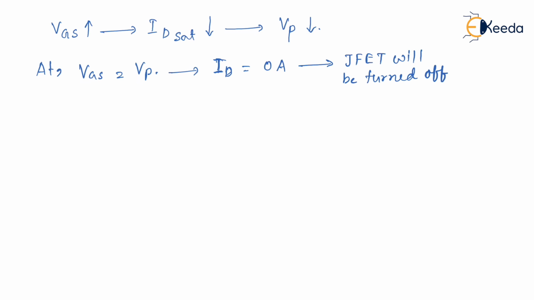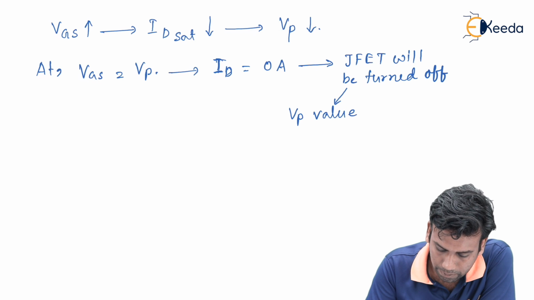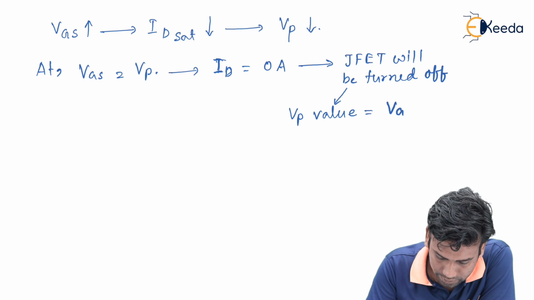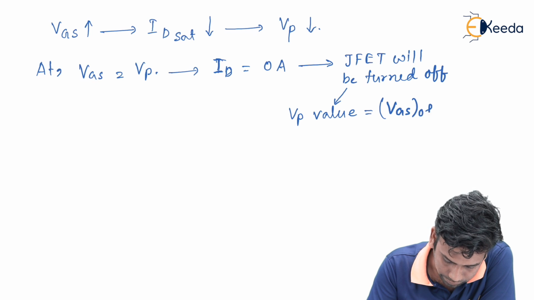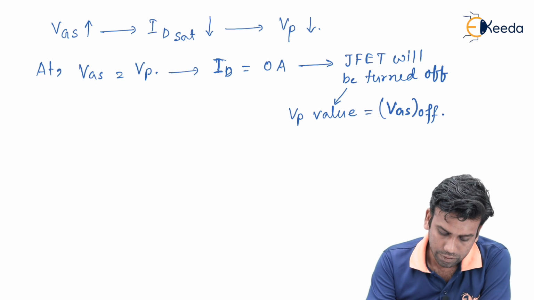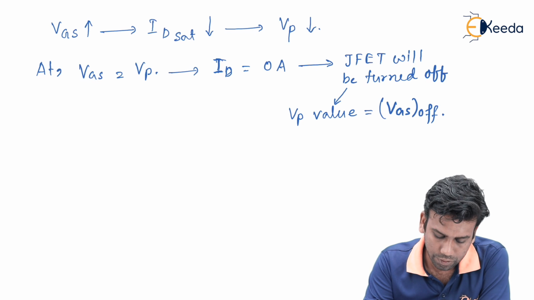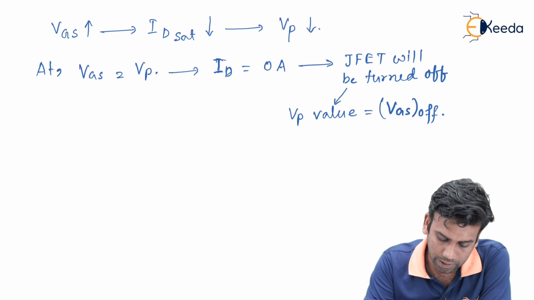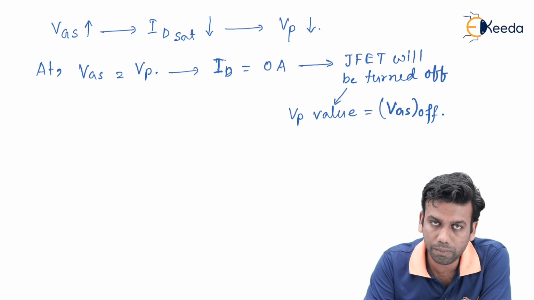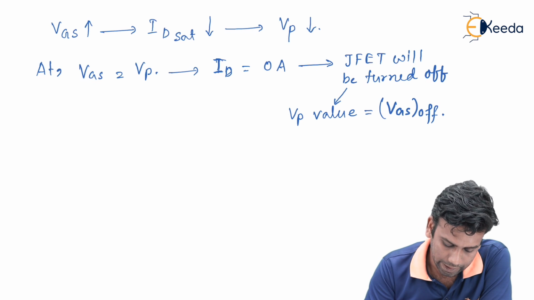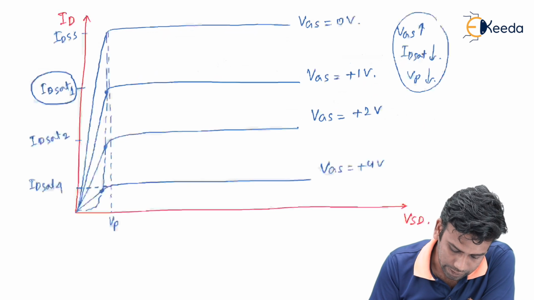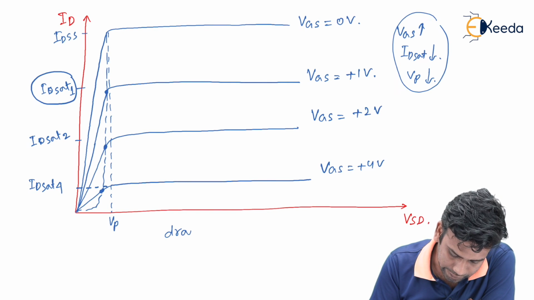And since the JFET will be turned off, that's why the VP value is sometimes called VGS off. So this is the total characteristics of the JFET when VGS and VSD are applied together, and this one is called the drain characteristics.